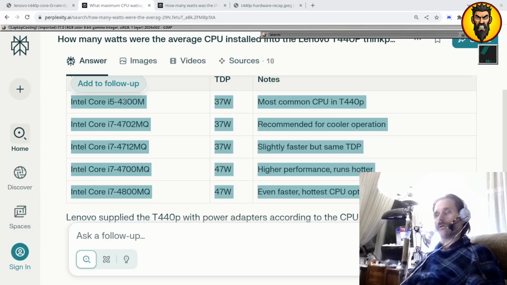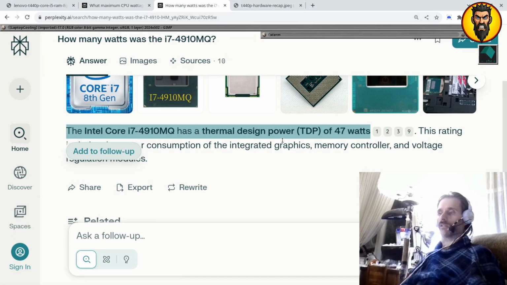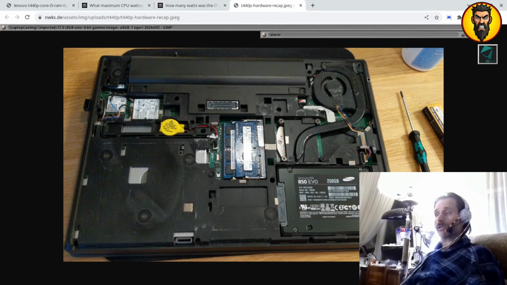The original CPUs, most of them that went into here, were 37 watt, so just sub-40 watt CPUs, and they did that for a reason, because by the time you got to the 50 watt ones, it was not good. It was hot. The i7-4910MQ has a TDP of 47 watts wide open, which means you've got this little tiny cooler here.